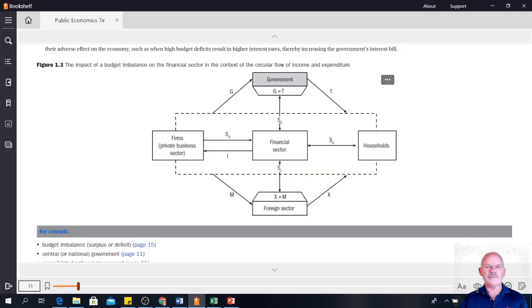Then there's another important figure, figure 1.3, which shows money flow. If you think of the financial sector, all the banks together, where do they get their money from? Well, they get money from savings from everyone, from all the role players in the economy. First, the government could save if they spend less than what they collect, but they have negative savings at the moment. Fortunately, households save and firms save money and put it in the bank, and if we export more than we import, then we also get money from abroad, from the foreign sector.